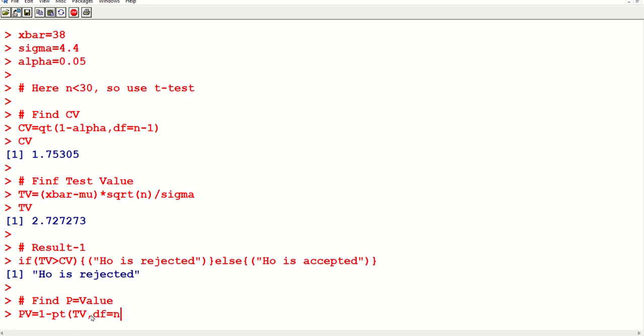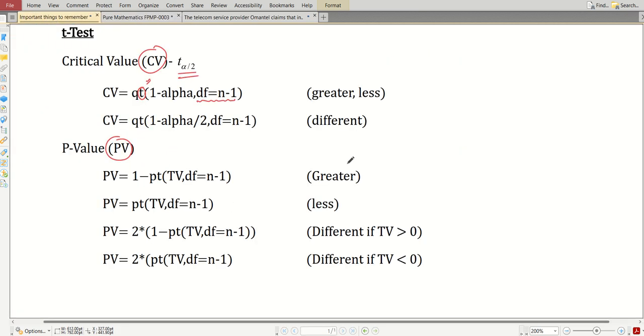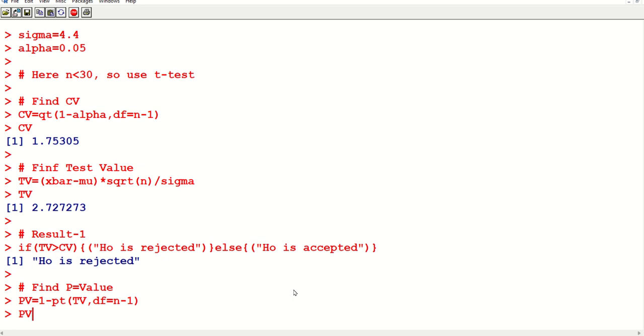What is the degree of freedom? N minus 1. This is the formula, and you can verify it here. For greater, it is 1 minus pt of test value, degree of freedom. Just enter it and calculate the p value.